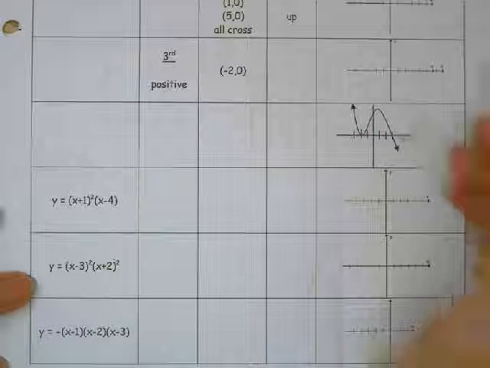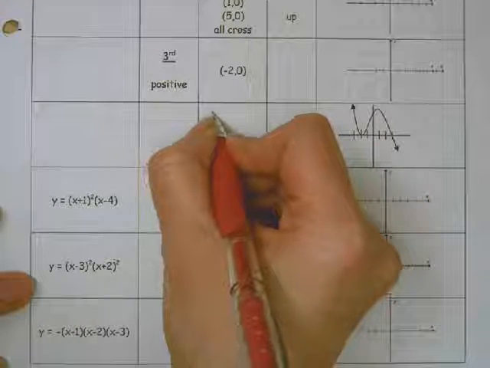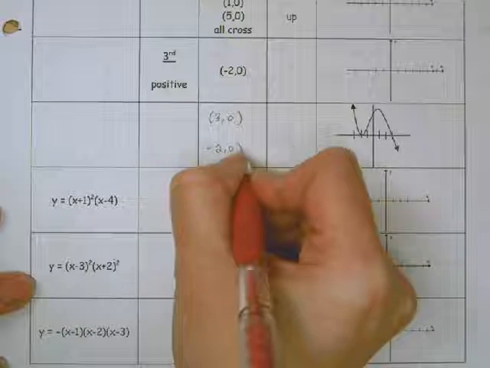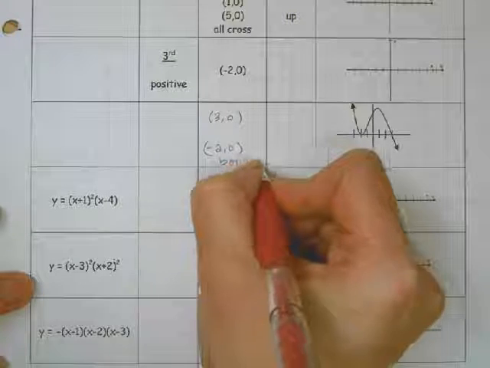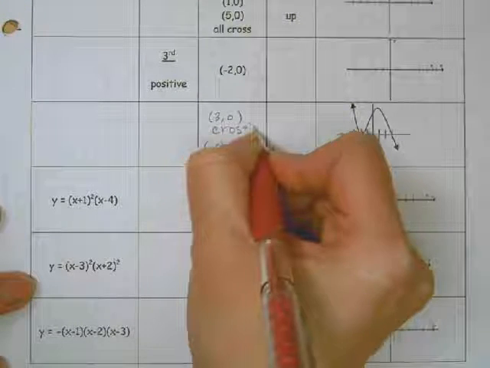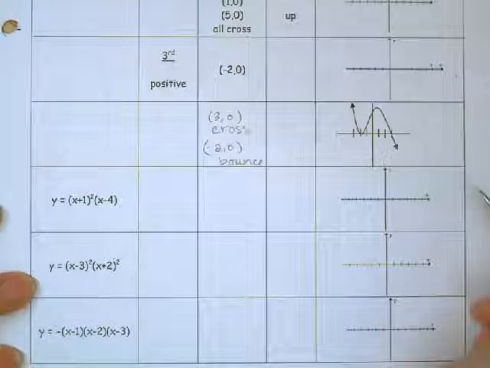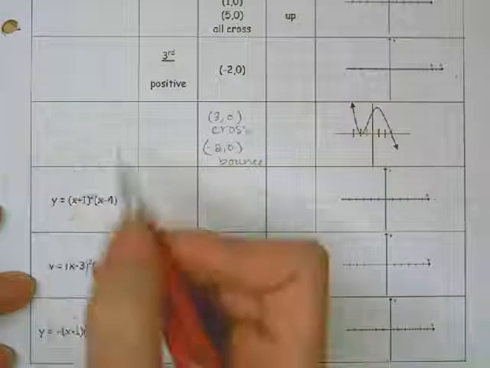So because of this graph, we know that we have roots at +3 and -2. We know the -2 one is a bouncing root, and we know that the 3 is a crossing root. Only 2 S's in cross. Sorry about that.